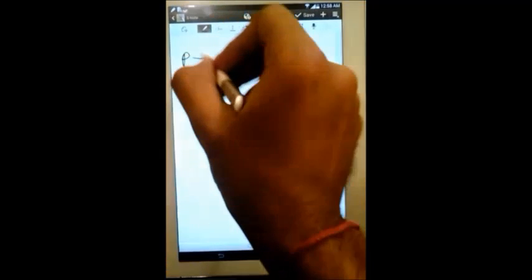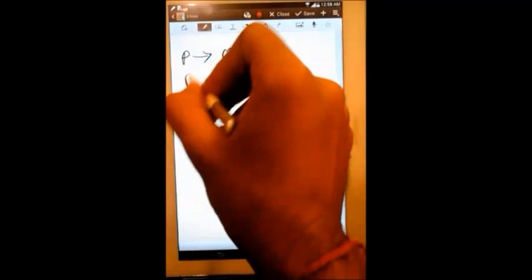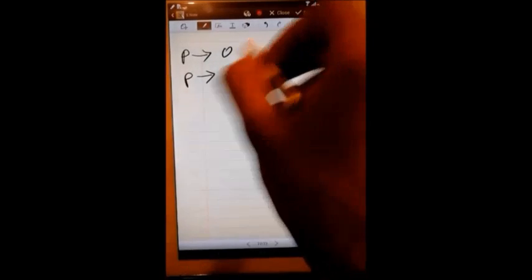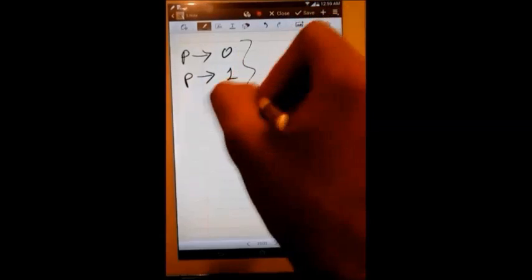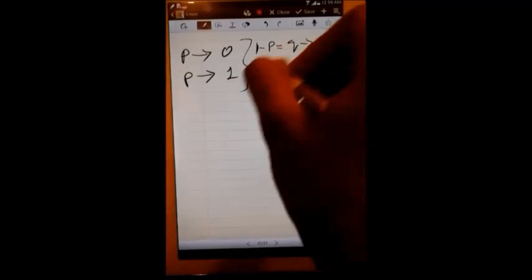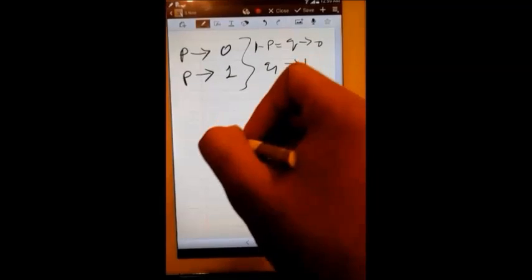But what if we have a different case wherein, suppose, p tends to 0, or p tends to 1, that is, probability tends to either 0 or 1, or say 1 minus p, that is q, tends to 0 or q tends to 1. What in that case?